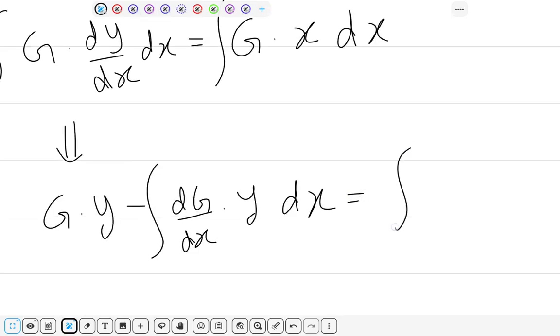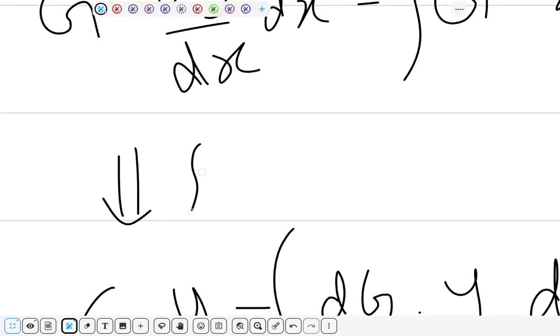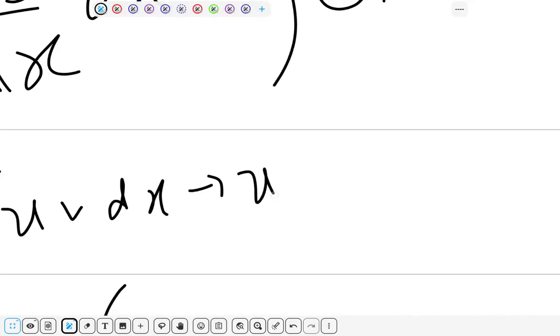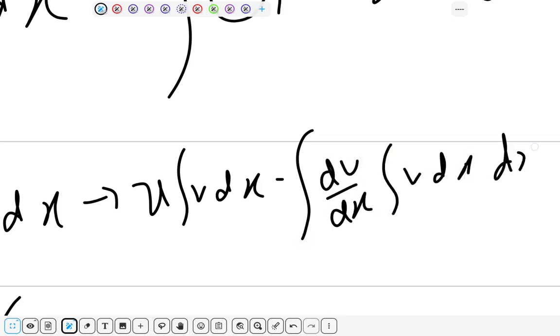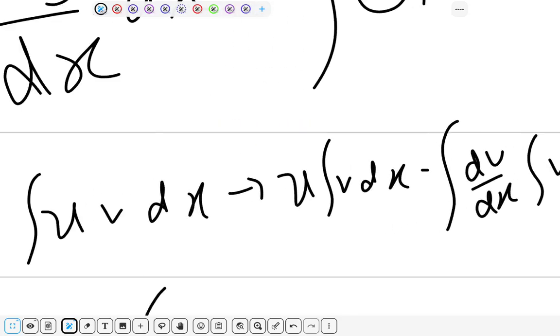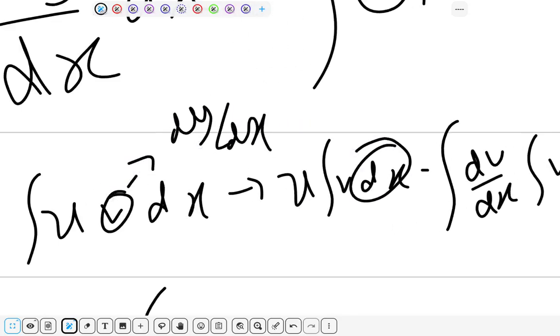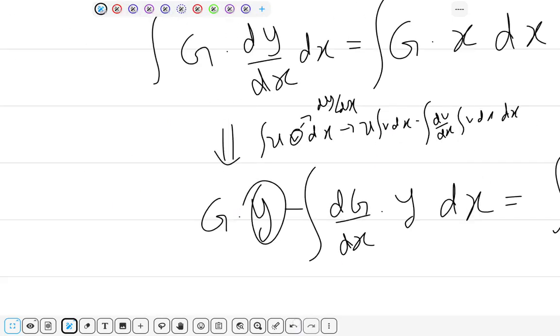This will be equal to integral g x dx. And by the way, I just used integral of u v dx is u times integral v dx minus integration of du dx times integration of v dx, where my v is just dy by dx, so I have to integrate this. That's why I got this y.